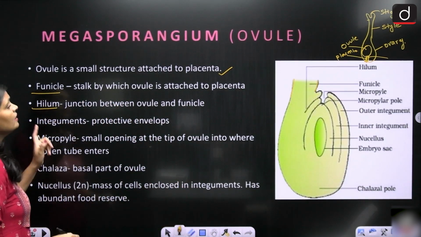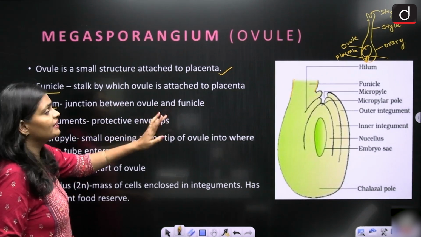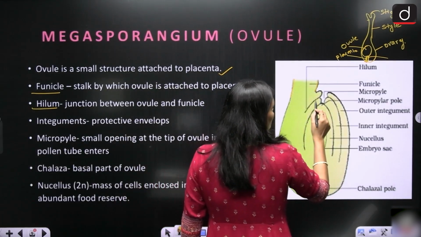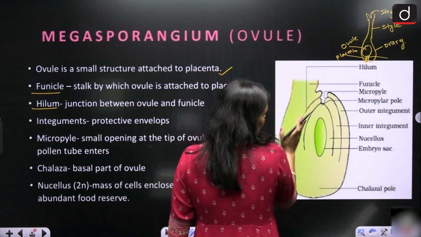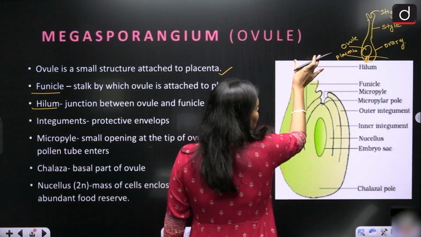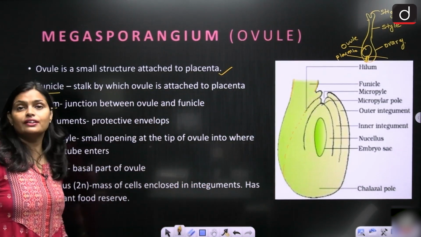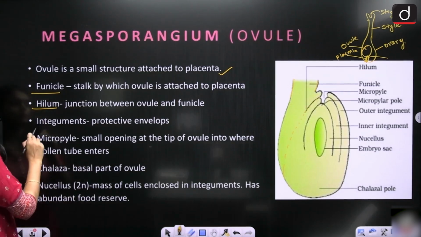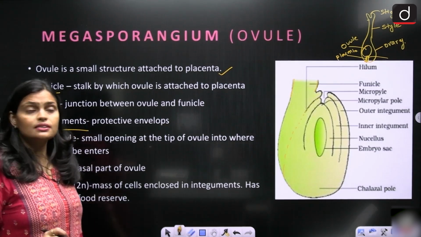Hilum, junction between ovule and funicle. What is hilum? This is the junction between ovule and the funicle. Now suppose this is the ovule, this is the funicle. So the junction between the ovule and the funicle is called hilum. What is integument?